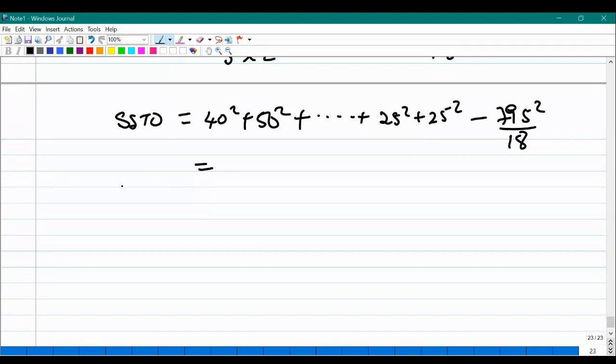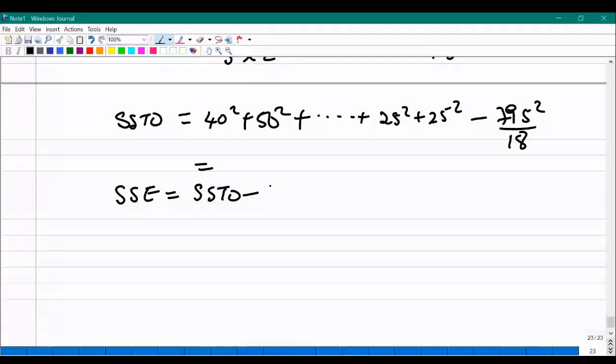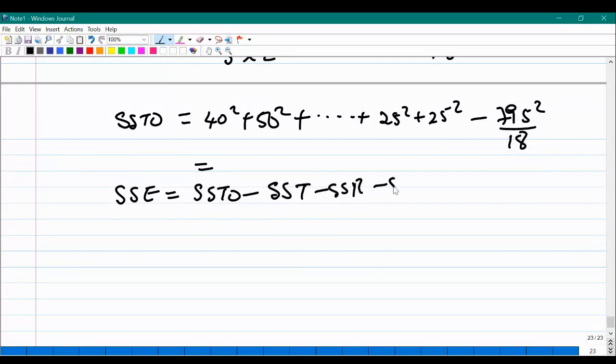By 18. And the SSE is given by SSTO minus SST, SS row, SS column.